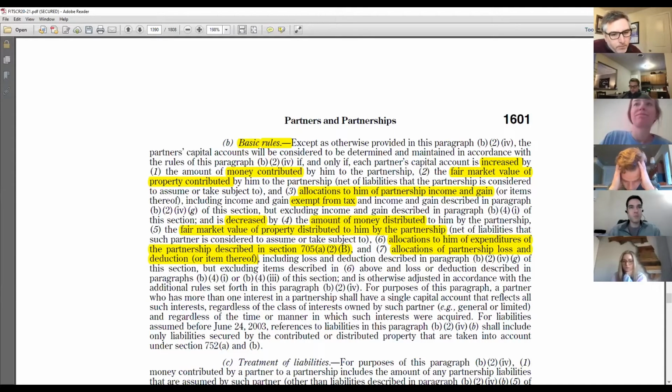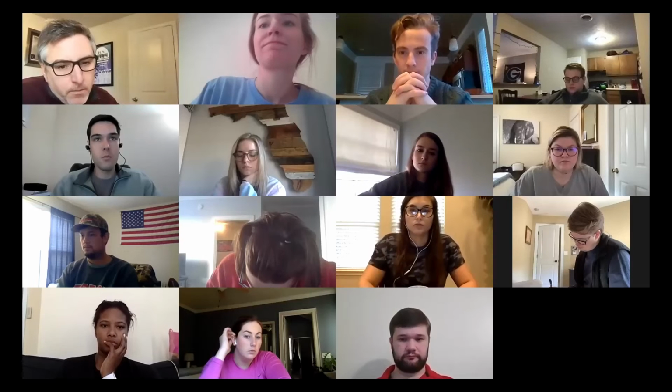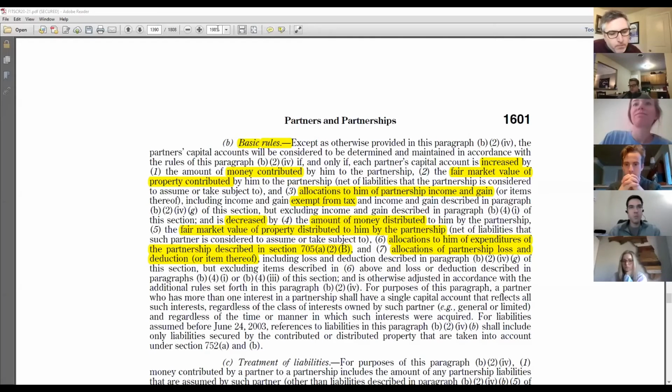Questions on the basic capital accounting rules? Okay, and then we've got outside basis. It's another account we have to keep track of. What's our basis in our partnership interest? Your outside basis calculation is based on section 705 of the code. So turn to section 705 of the code.